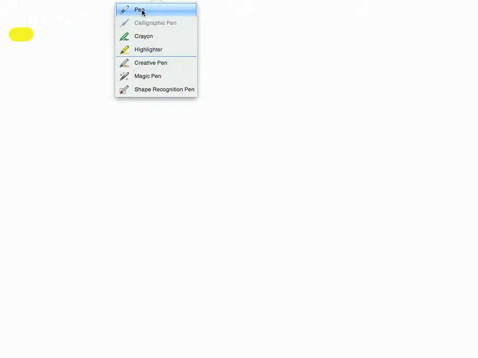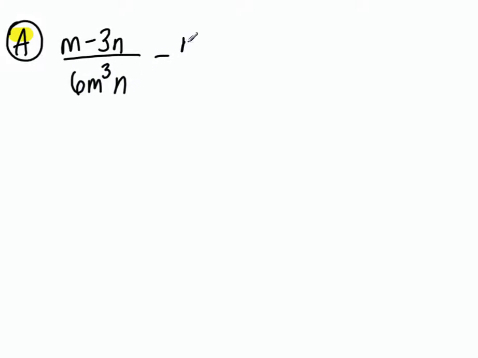So let's do one. Let's do example 1A. You need to write this down on your foldable. M minus 3n over 6m cubed n minus m plus 3n over 6m cubed n.